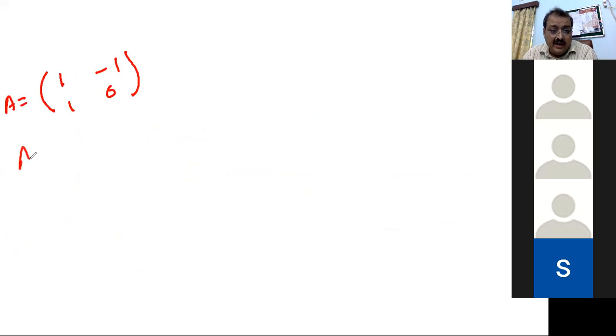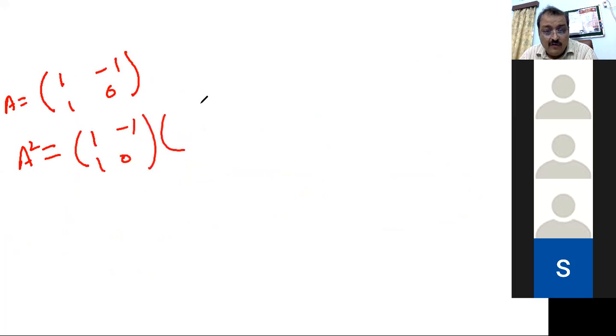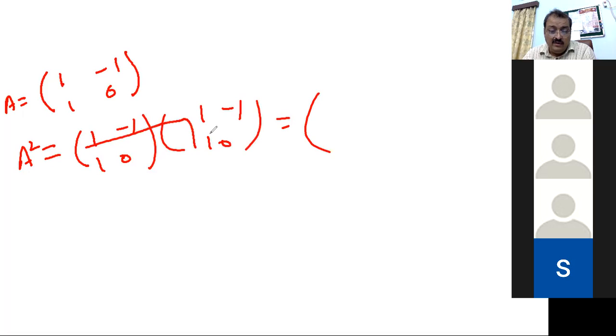So we take A square. If A square means [[1, -1], [1, 0]] times [[1, -1], [1, 0]]. Now this is equal to, what are we getting?